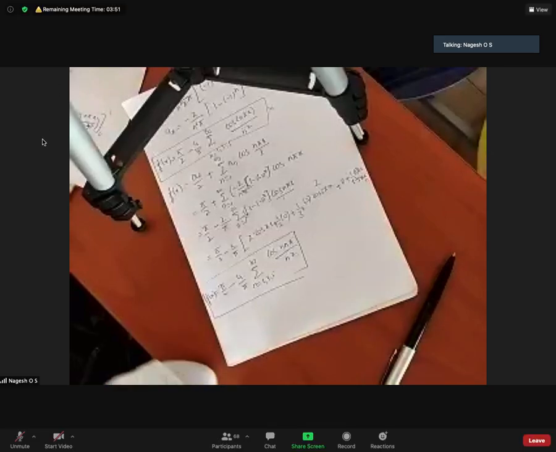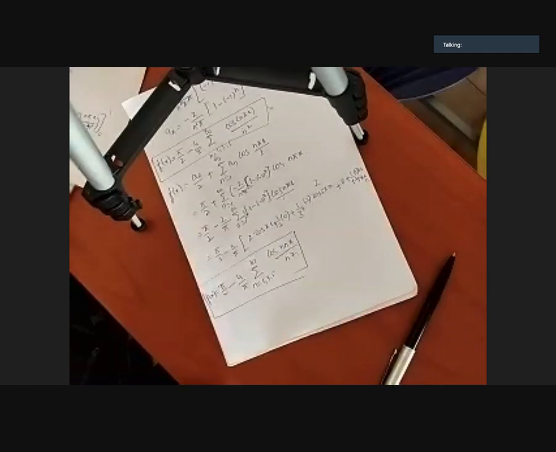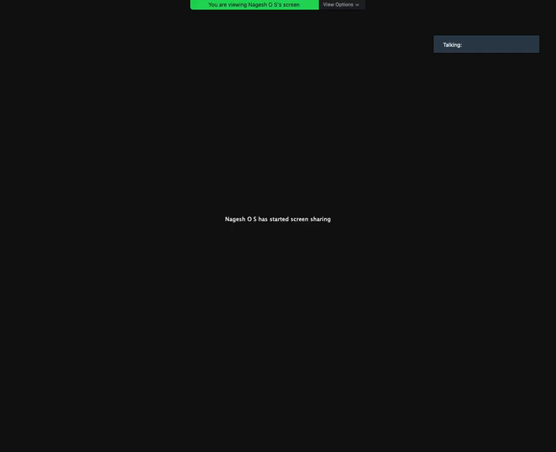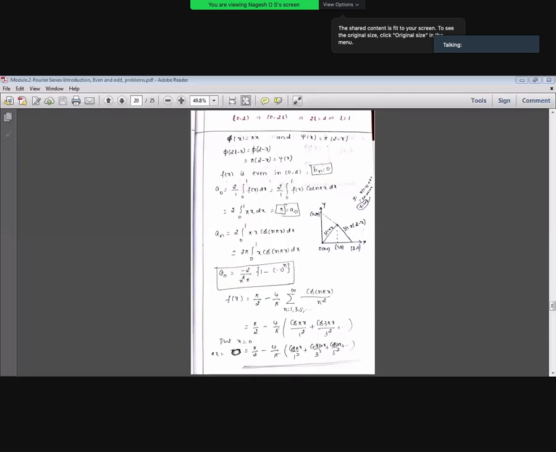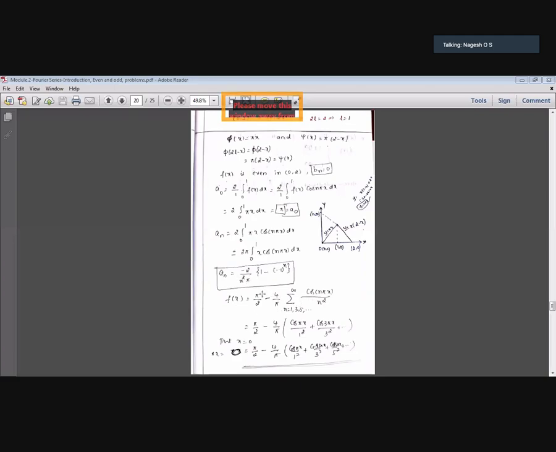Share the screen. So up to here we did. So we got this: f of x equal to pi by 2 minus 4 by pi, summation n equal to 1, 3, 5 to infinity, cos n pi x by n square.